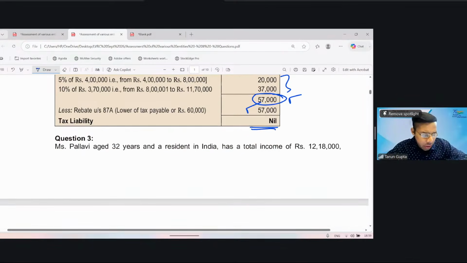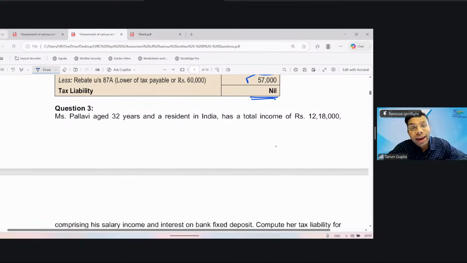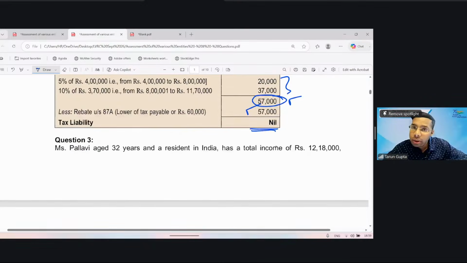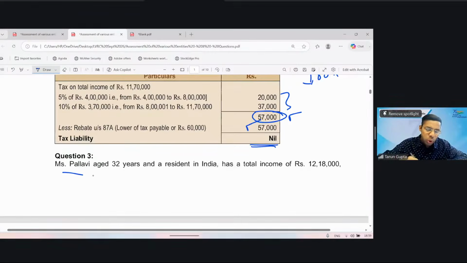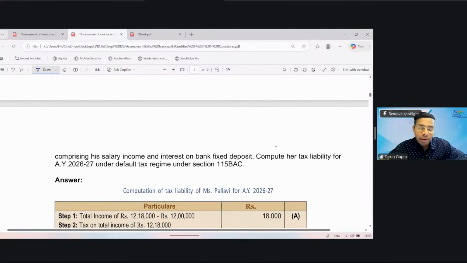Next question. Ms. Pallavi, aged 32 years and resident in India, has a total income of 12 lakh 18,000. You understand? This question is the same as the earlier question. She is also an individual, resident, but her total income is more than 12 lakh. So she is not eligible for rebate. Her income comprises salary and interest income.